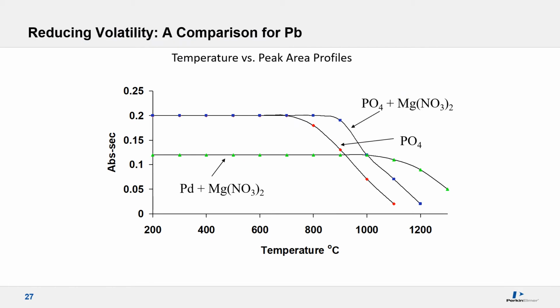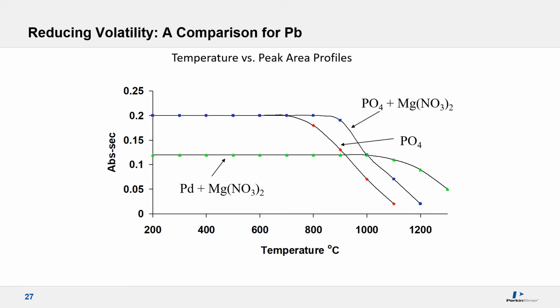Here is a pyrolysis study summary for lead using the various possible modifiers. Upon observation, there are four major conclusions to draw from the displayed data. First, we can see phosphate compared to phosphate with magnesium nitrate produces essentially the same sensitivity. Why is that? Because the thermal stabilization is being provided from the phosphate.